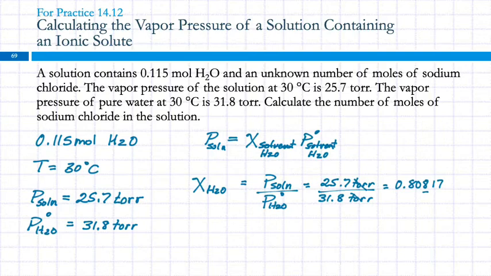There's a couple of ways we could get at this. So we've got sodium chloride. That's an ionic compound, and so it's going to dissolve into ions. So instead of calling it NaCl, I'm just going to call it ions to help me not forget that I have to mess around with that. So the mole fraction of the ions in the solution plus the mole fraction of the water does equal 1.